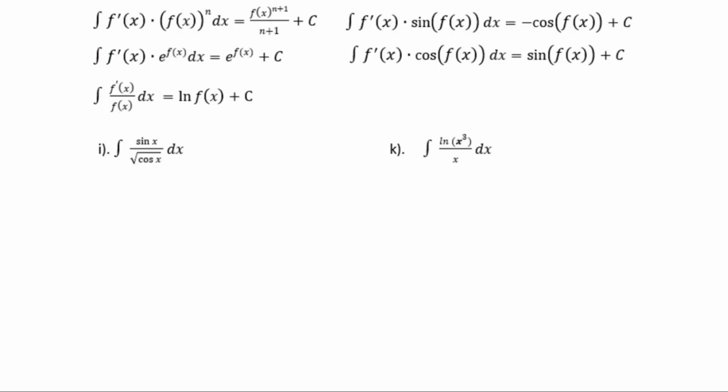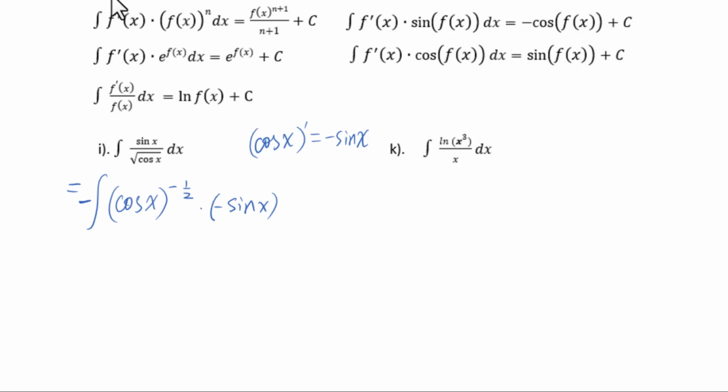Let's go to I. We know cosine x, prime, equals negative sine x. Cosine x to the negative 1/2 power times negative sine x. Then put another negative sign before the integral dx.